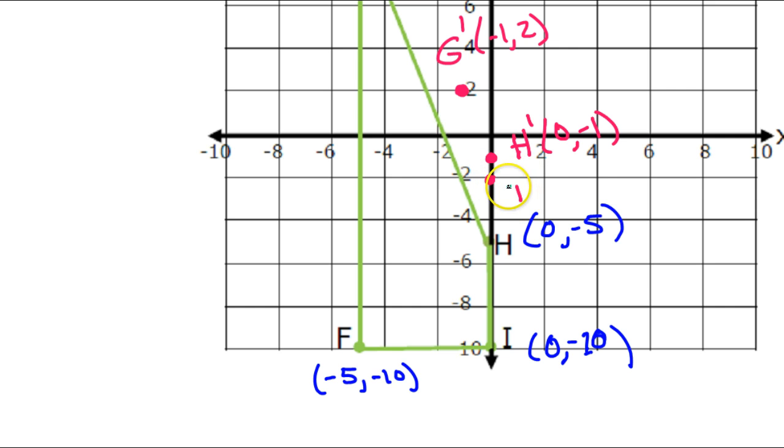Okay, so that'll be I prime. Okay, dividing this by 5, that'll be -1, -2. Okay, so that'll be F prime.